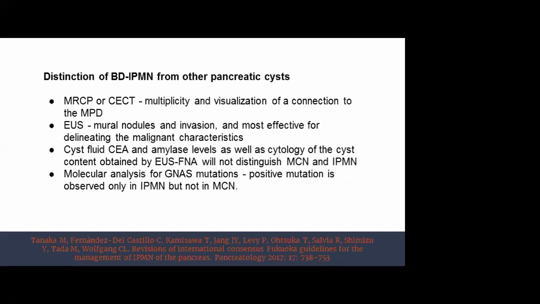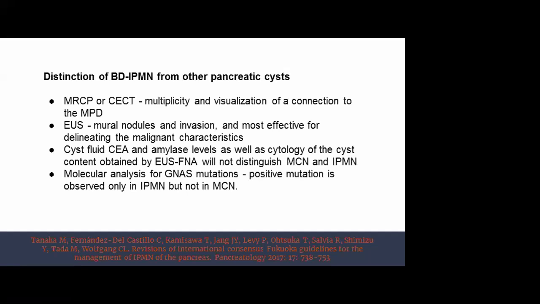Then coming to the role of endoscopic ultrasound, the mural nodules and the invasion are better delineated using endoscopic ultrasound, and the vascular supply of the mural nodules can be better assessed. EUS can also be used to obtain the cyst fluid for analysis like CEA and amylase levels, and cytology of the cyst fluid can also be done.